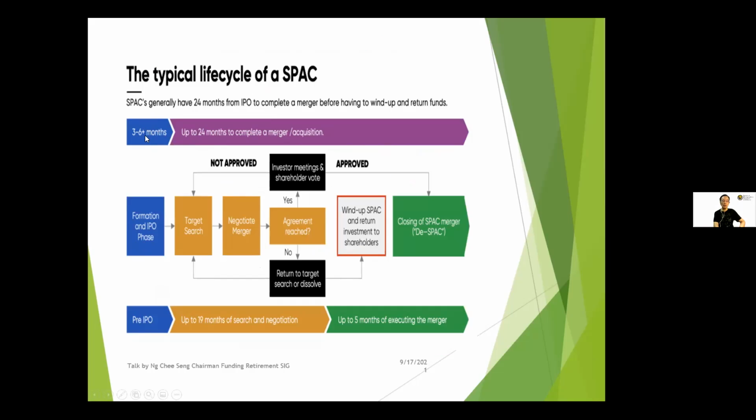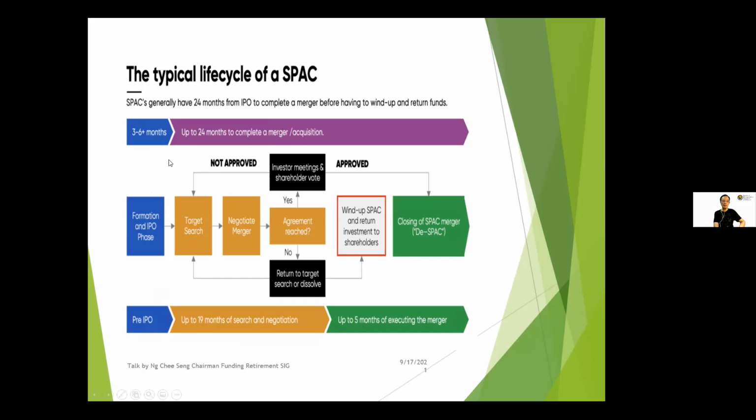On average, it takes 3 to 6 months for the initial investment, when they promote the IPO phase, and then there's pre-IPO, that means preparation work for the IPO. And you require up to 24 months before they merge or acquire a target company.